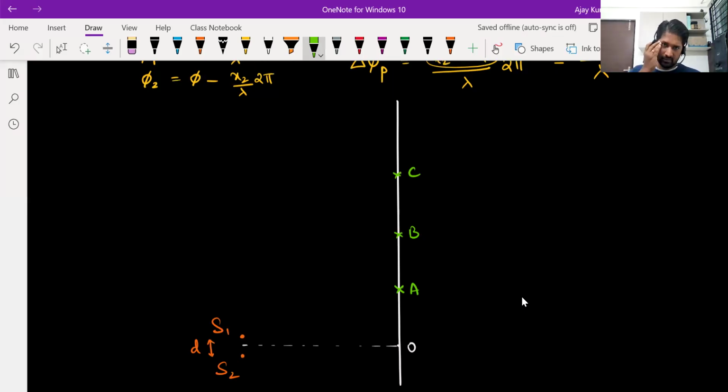Keep going away from the point O. What is the maximum path difference that you can have between the waves arriving at points from S1 and S2? What is the maximum possible path difference with which the waves can arrive at these points?